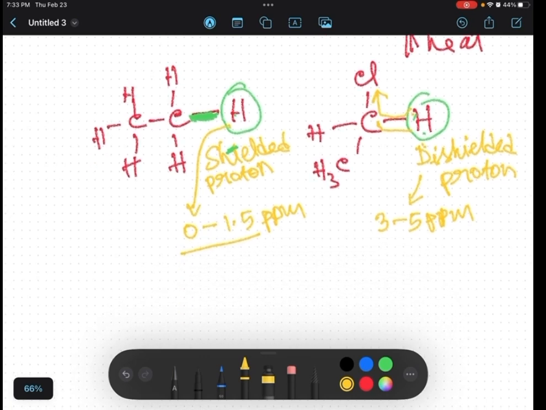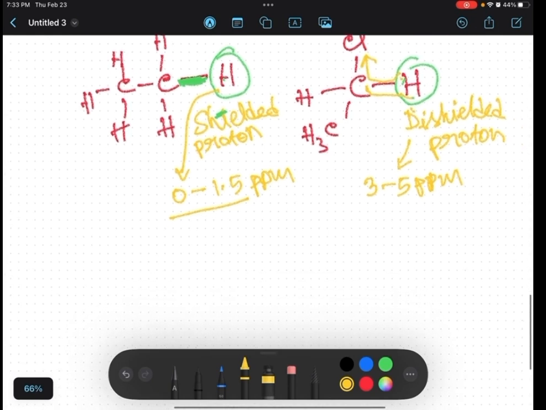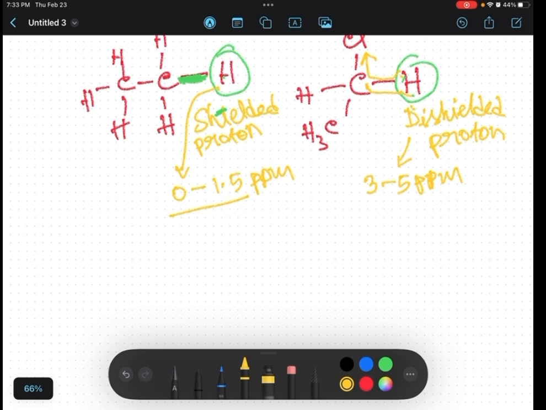The electron density near the specific proton we want to see. Okay, so it is true for every other proton too. So that's how we can say the electronic effect can change the environment in the proton NMR. Okay, so more electron cloud near proton, more shielding or screen effect.